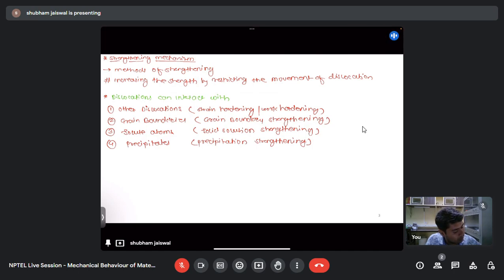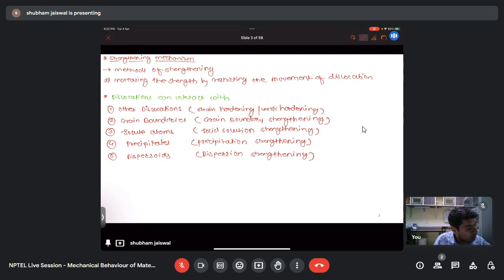And the fifth one is with dispersoids, known as dispersion strengthening. Okay, so these are some ways through which the dislocation motion can be restricted, which will give us increased strength.